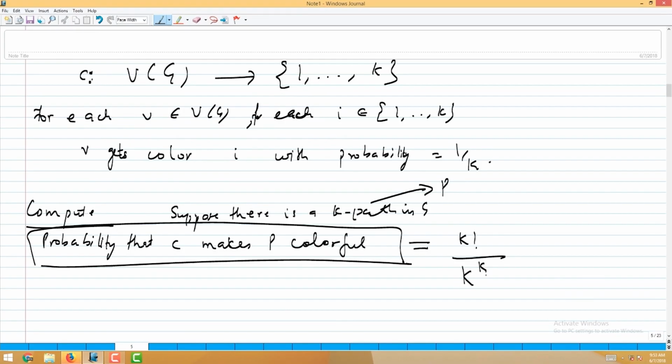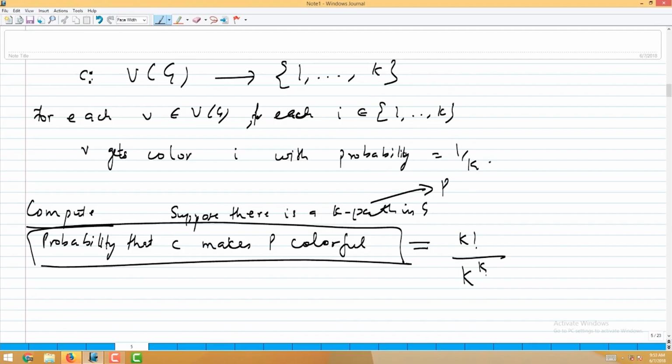Okay, yeah. So as he says, if you want to make a particular path colorful, how many ways can you make that particular path colorful? A path is colorful if it is using all the colors.